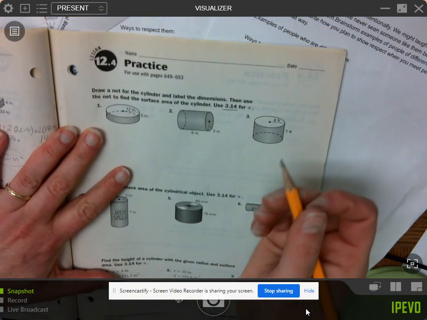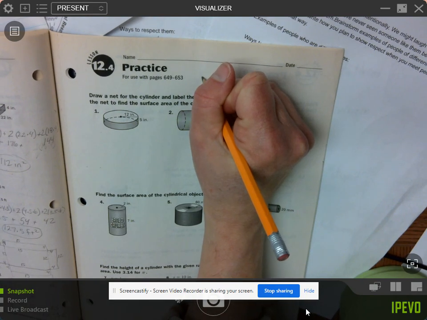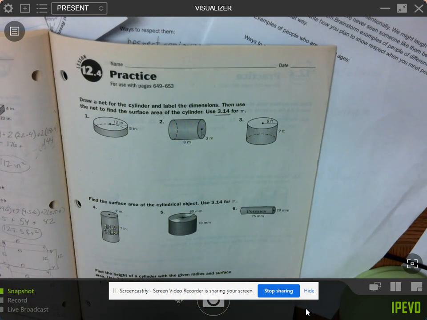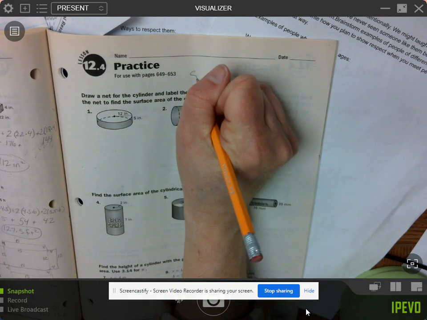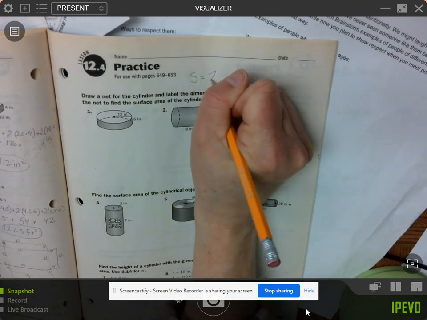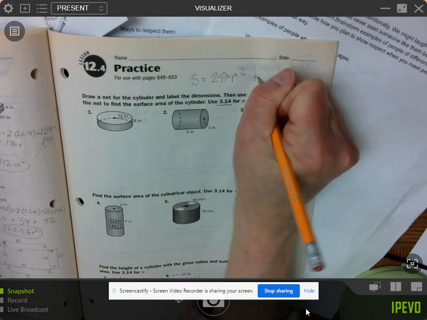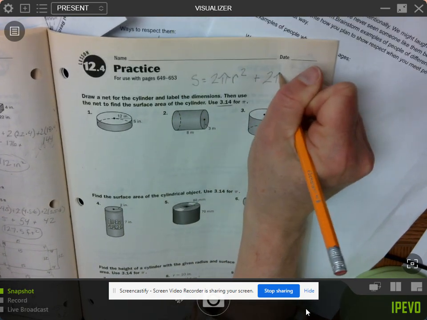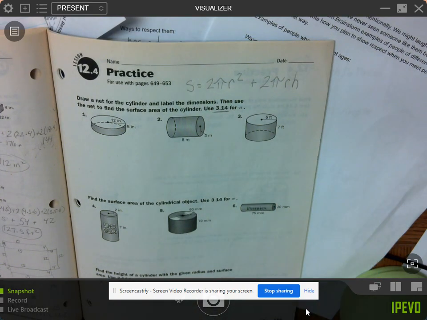Use the equation. Now you need to make sure I'm writing the equation correctly. So our equation for the surface area is 2 pi r squared plus 2 pi r h. You're going to want to make sure to use those.